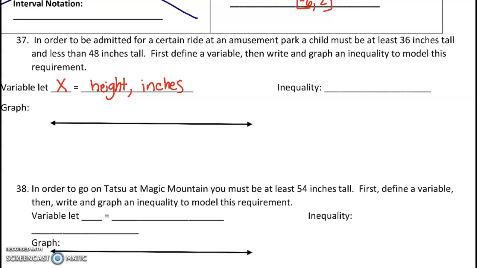At least means you must be bigger. I know that's a weird one. You must be at least 36 inches tall. You must at the smallest be that, so you must be bigger. At most, it would be small.